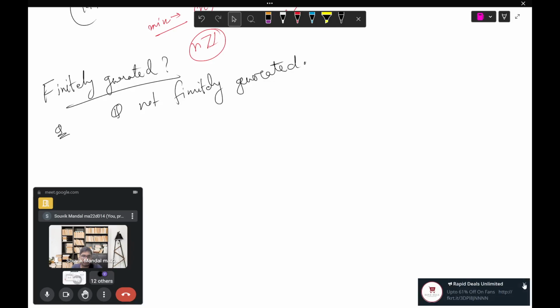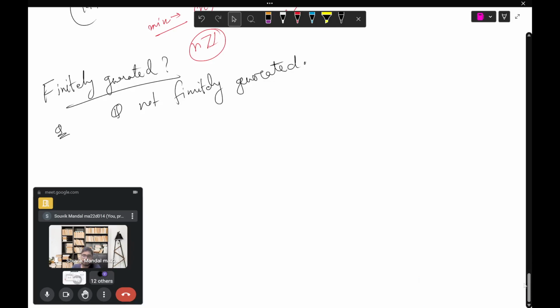Consider 1 by that prime p. 1 by p cannot be generated by these combinations. Why? Because whenever we take the combinations, the denominator part will contain only the product of these primes, nothing more, meaning that a new prime cannot occur.